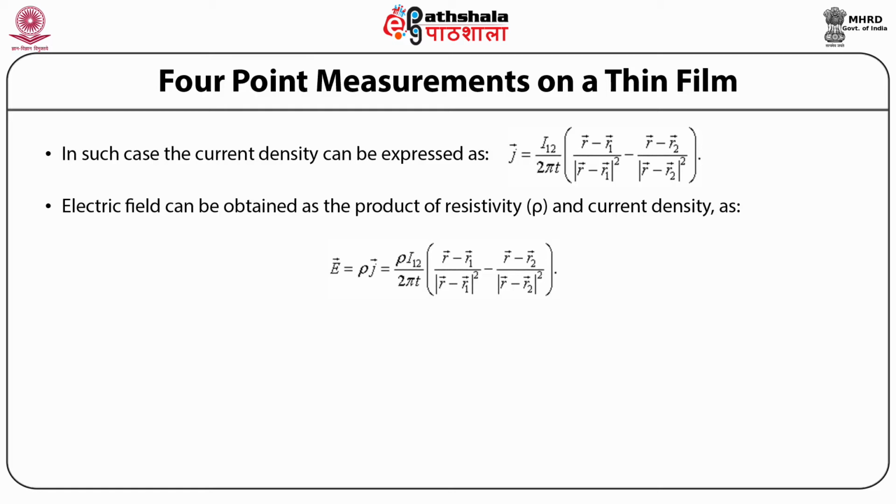This is equal to ρ I12 / 2πt into, within the brackets, (vector R minus vector R1) divided by the square of modulus of (vector R minus R1), minus (vector R minus R2) divided by the square of the modulus of (vector R minus vector R2).